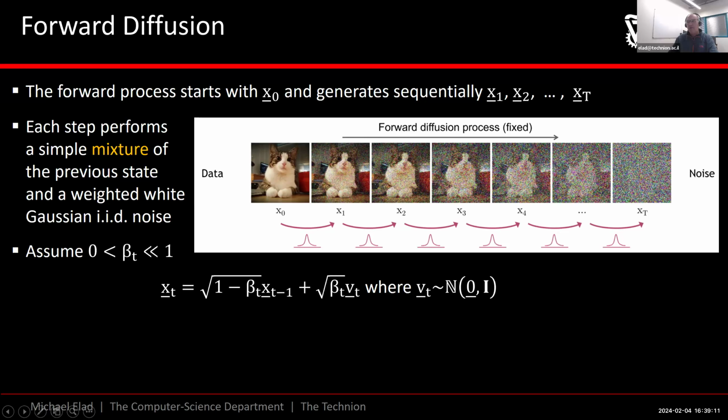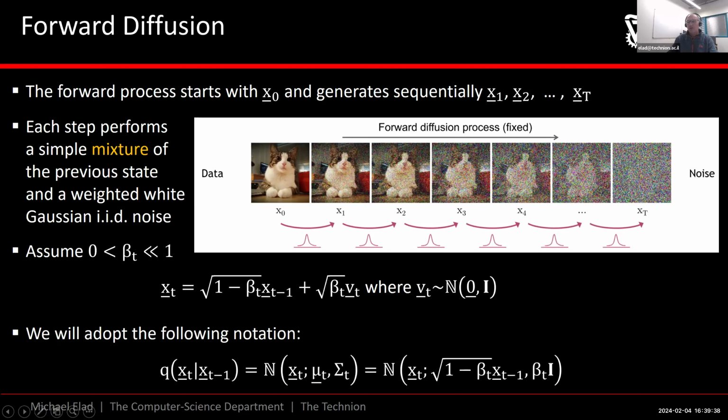And so you get a mixture of the image slightly attenuated and a slight level of noise. This is the way x_t is created from x_{t-1}. So from x0 we create x1, from x1 x2, etc., all the way to xT. And by the time you get to xT, the noise accumulated is so strong that you do not see any trace of the image anymore, or almost. Let's say it more accurately.